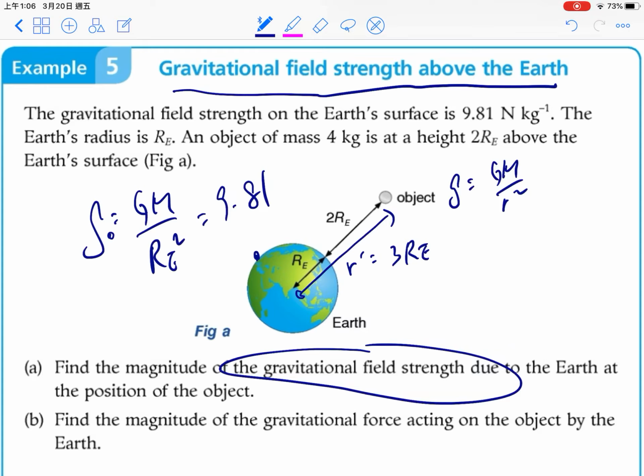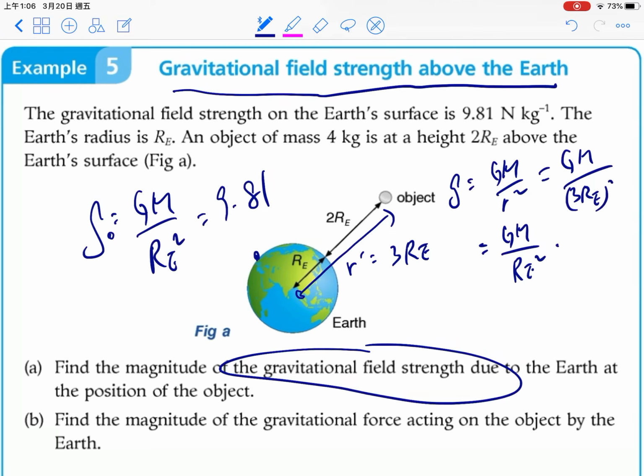g will be equal to GM over r squared. This is the important equation you have to memorize by yourself. Don't forget. And then we can use GM over R_E squared.